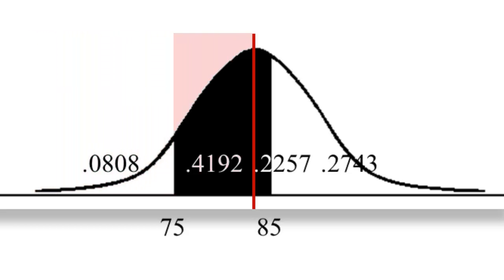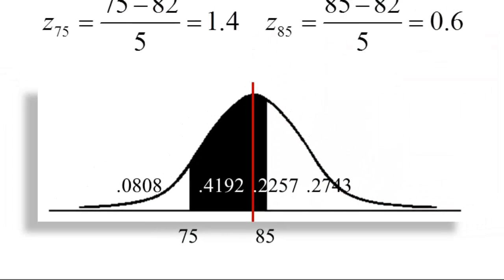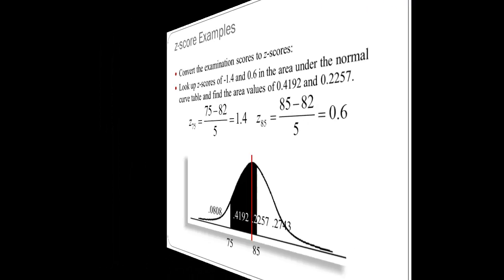Between 75 and 82, I have 0.4192 of the distribution. Between 82 and 85, I have 0.2257 of the distribution, and then in the white area to the right, I have 0.2743. Those four numbers sum to 1, or the entire area under the curve.